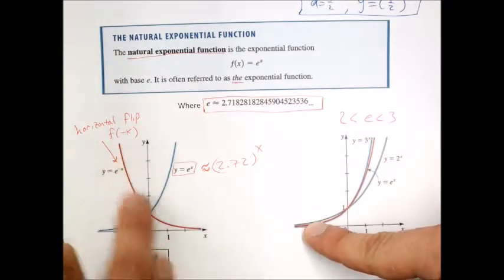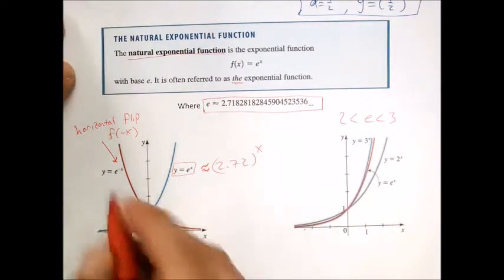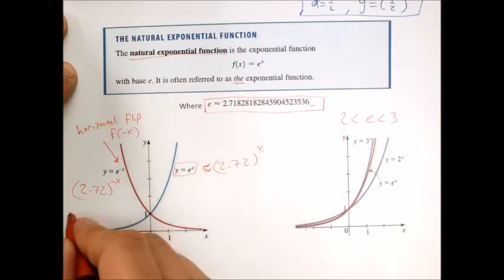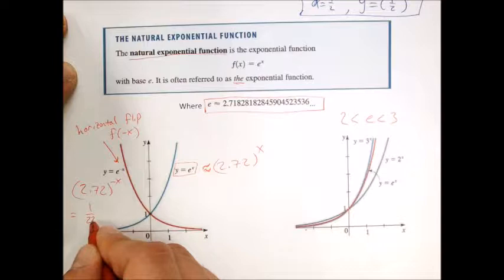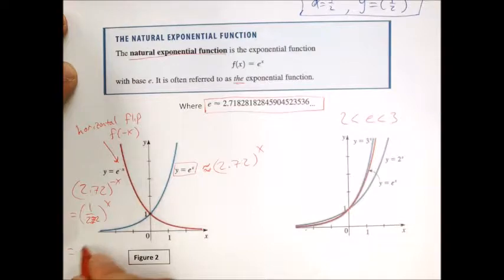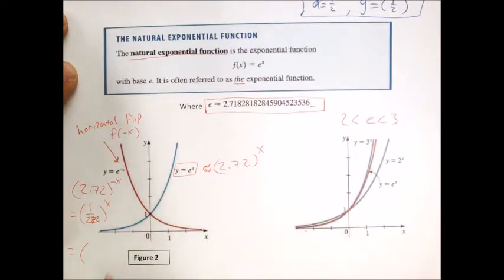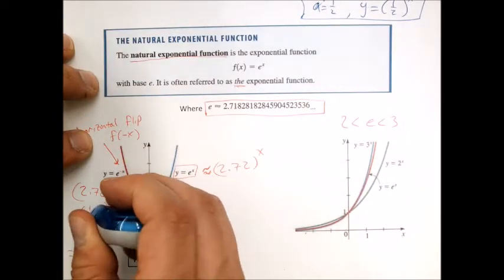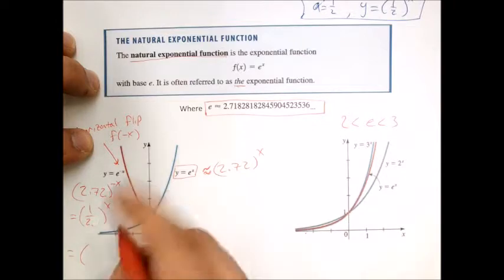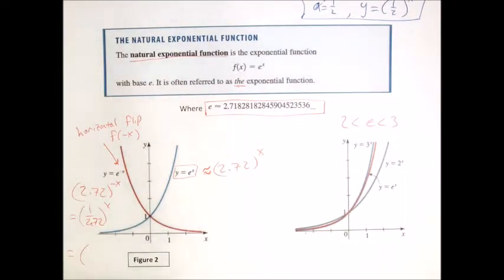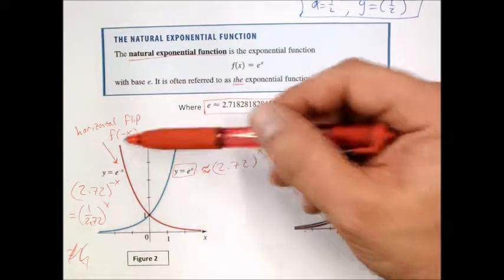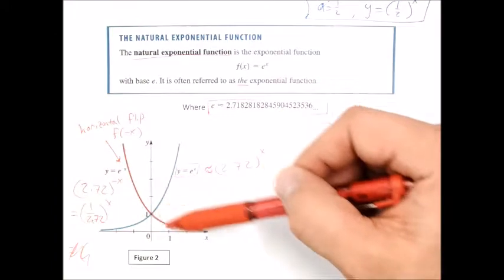The other way to think about that is it's like 2.72 to the minus x, which is the same thing as 1 over 2.72 to the x. Let me make it a little more legible for you. And so it's 1 over 2.72 to the x, and so it's decreasing. The other way to see that it's decreasing is because the base is a number that's less than 1. It's a fraction. That's the other reason that one would be decreasing.